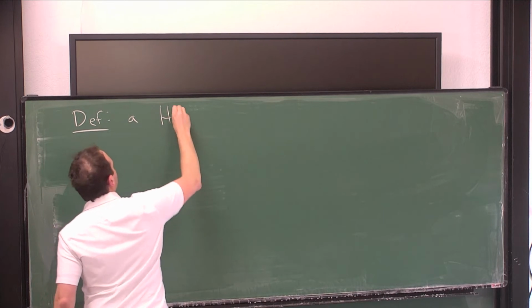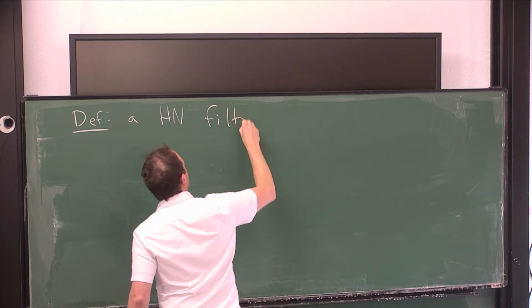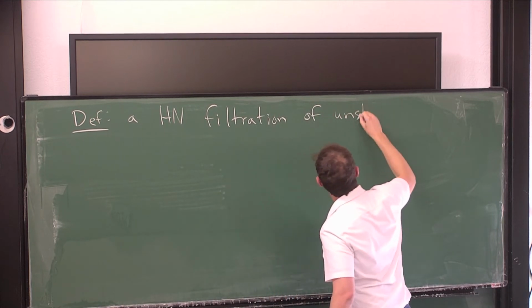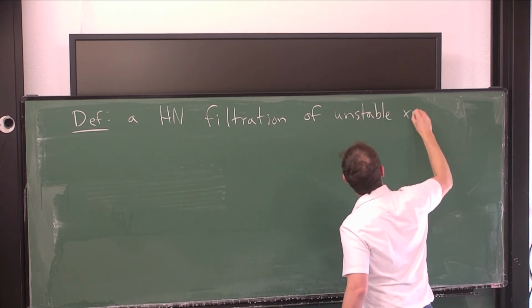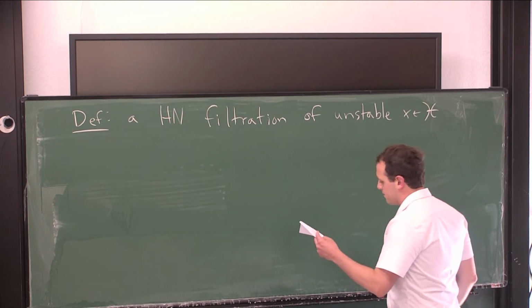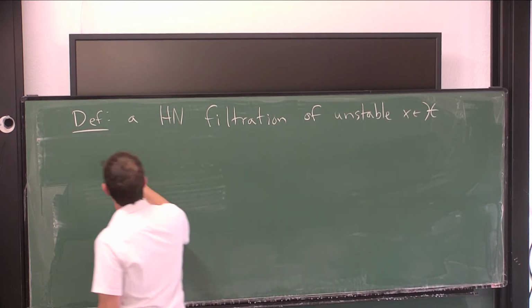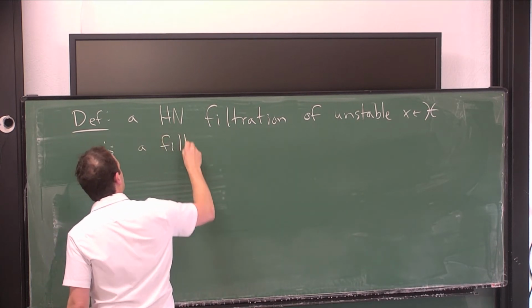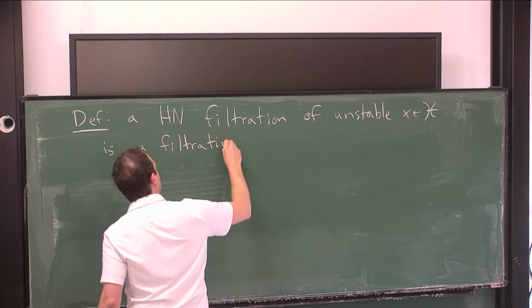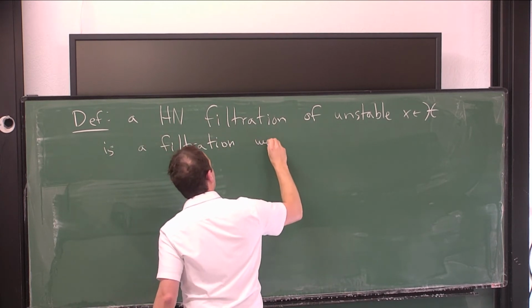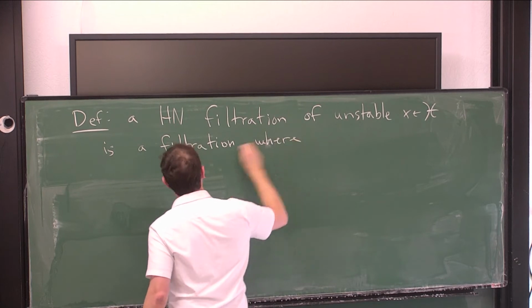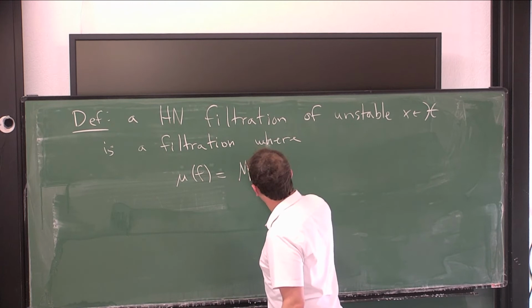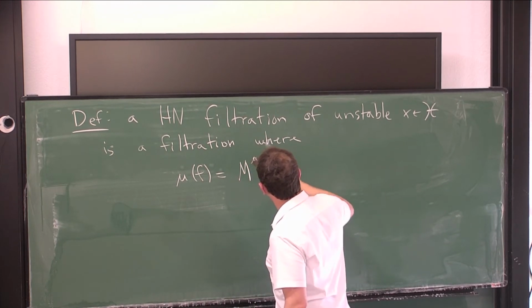So an HN filtration of an unstable point is a filtration where mu of f is equal to, let's choose a function, mu of x.